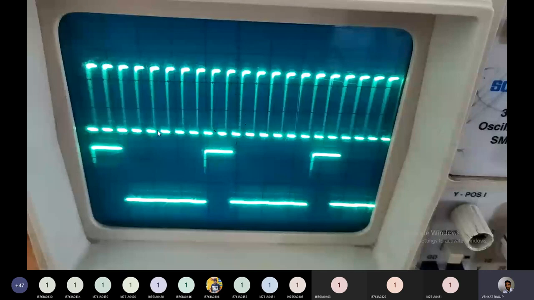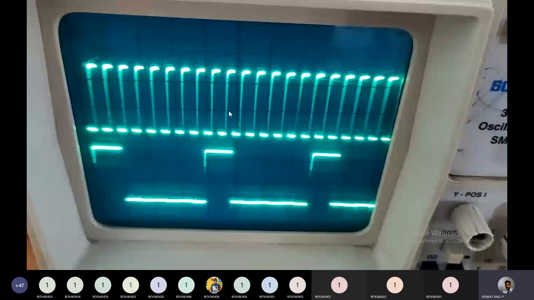So from this, how can you identify the corresponding bit sequence in this digital data? We need to compare this pulse with the number of clock time periods. For example, if we start from here, how many clock time periods are there during this positive duration? 1, 2, I think only 2, right?